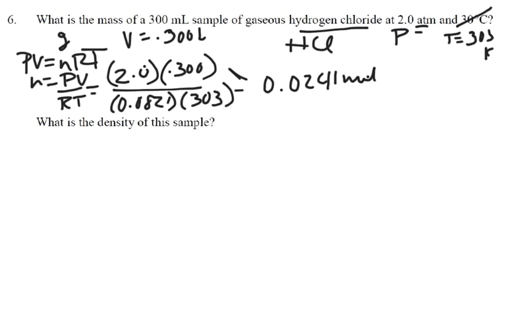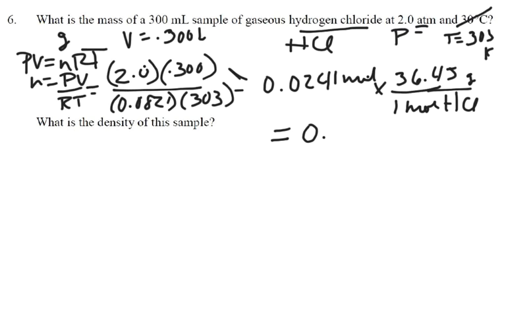Now we want grams out of this, so we just have to know that 1 mole of HCl, chlorine is 35.45, hydrogen's 1.01, so it'll be 36.45 grams, which gives us a value of 0.879 grams HCl.